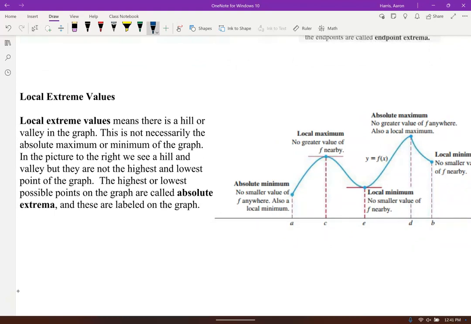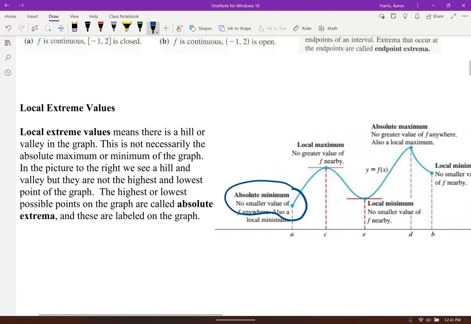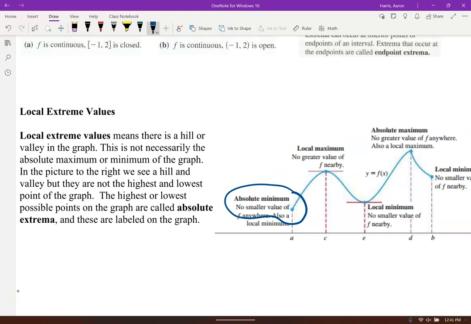So this right here would be our lowest point. That's our absolute minimum. But here we have a local, also referred to as a relative minimum, local or relative. Meaning if I cut off the graph and just looked at that point, that's the lowest point in the area, right?